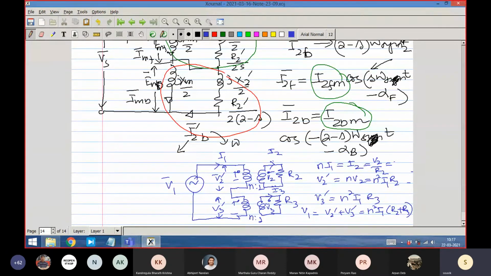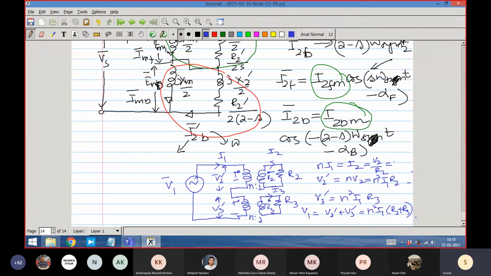So you can see that if I change R2 and R3, the proportion changes. I can find out I1 by dividing V1 by this term. And I see that the ratio of V2 dash and V3 dash will be dependent on the values of R2 and R3, the independent loads. So this is what is happening.